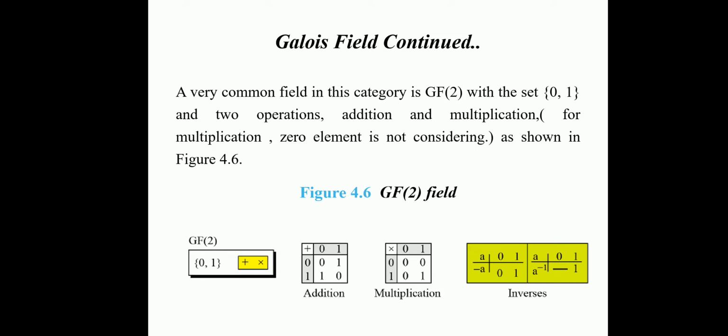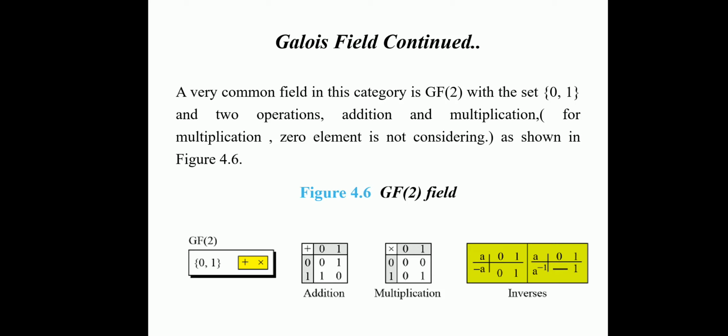For multiplication, 0 into 0 is 0. If one of the elements is 0, then the result is always 0. Then 1 into 1 is 1, which is less than 2, so the answer is I into J itself, that is 1.